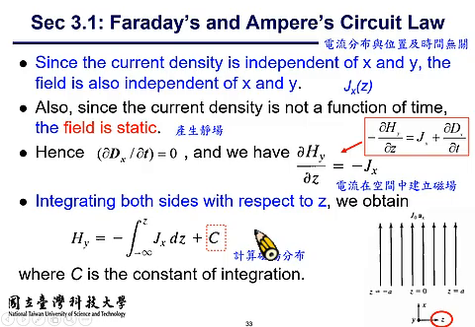And it also comes with a constant. We don't know the result yet. We don't know the constant yet.